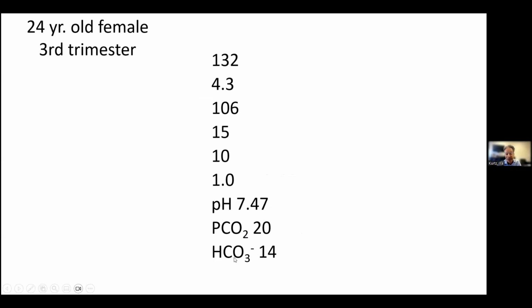It fell by 10. Okay, so it fell the initial amount and then fell a further amount after that. So again, when you see this, you know it just didn't occur. You know temporally that this has been going on for at least 3-4 days. Otherwise, you couldn't have double the fall in the PCO2 than the bicarbonate fell.